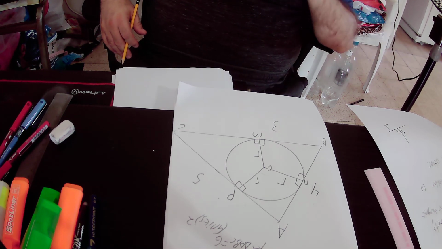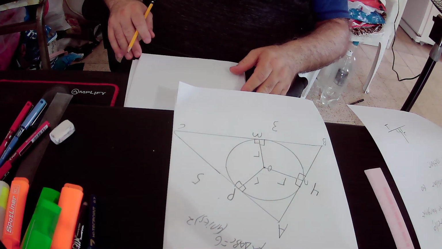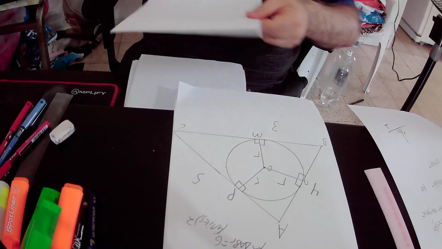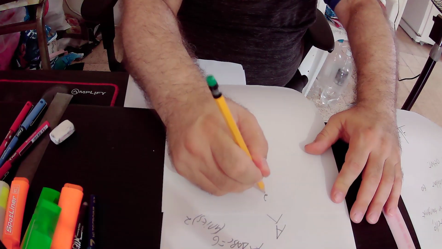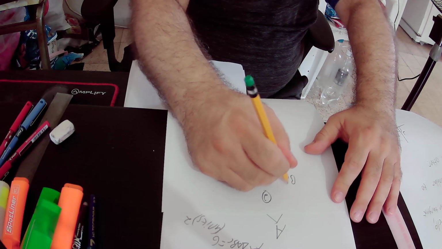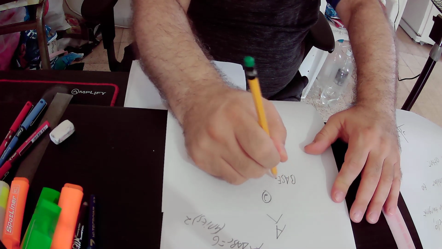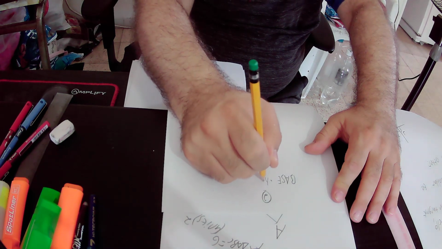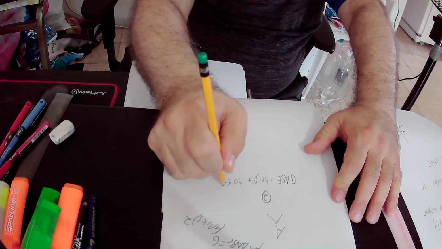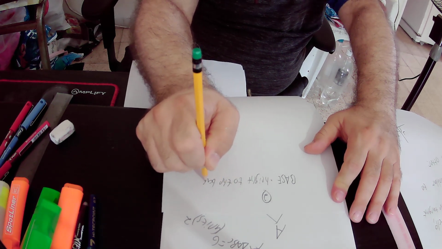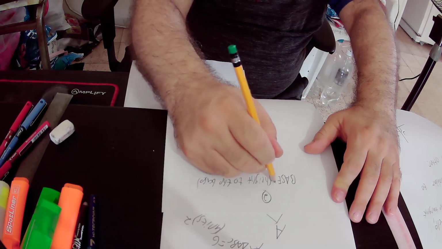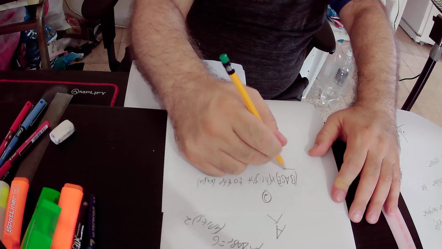Actually, a general formula for the area of any triangle is the base of the triangle times the height to the base divided by 2.